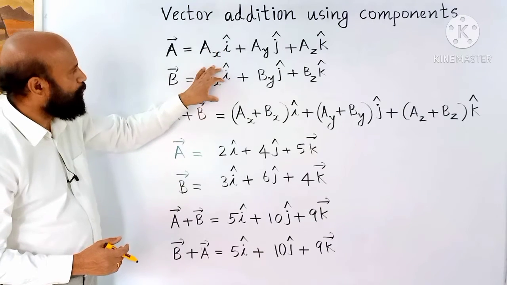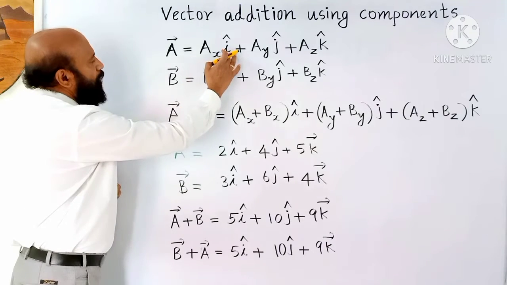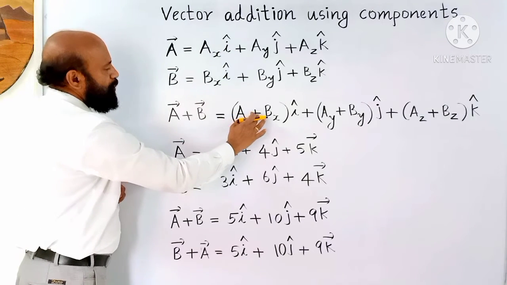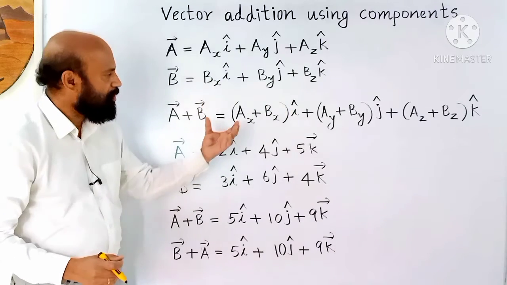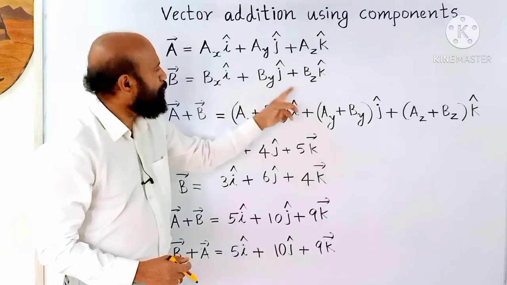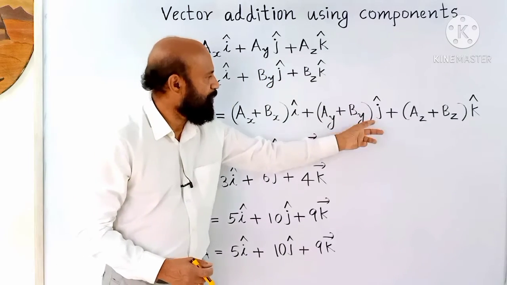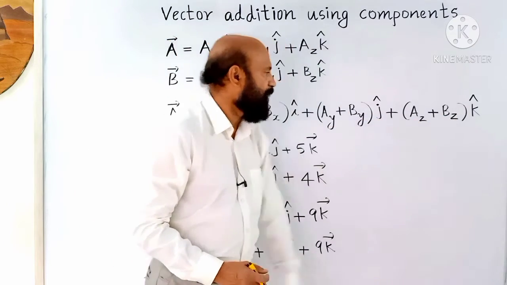This is the x component, this is the y component, this is the z component. When you add the x components, ax plus bx, then i. So this is the x component of the sum. Now the y component, ay plus by j, plus az plus bz k.